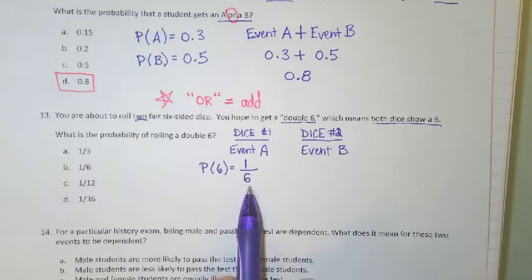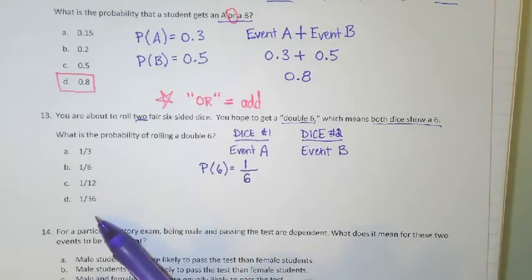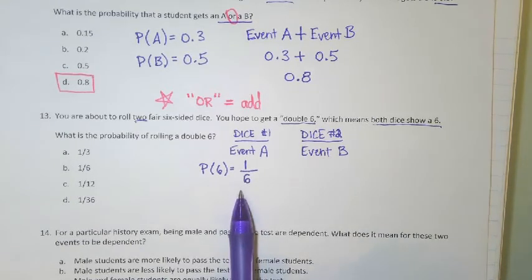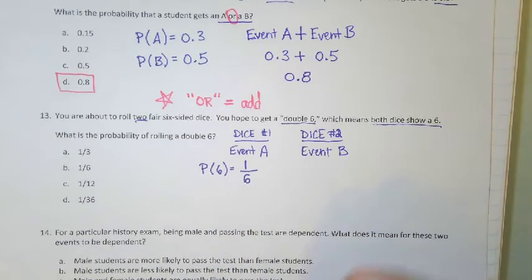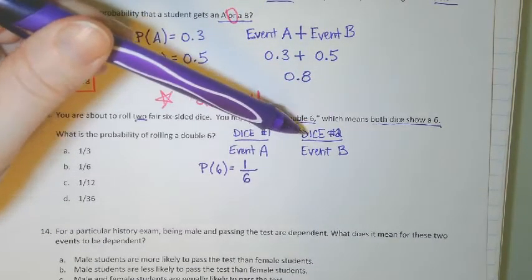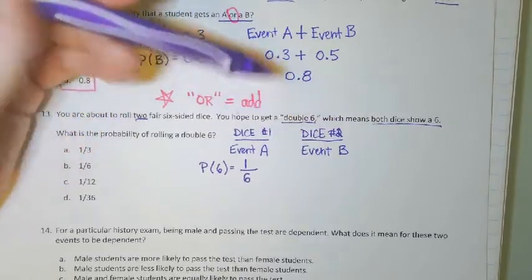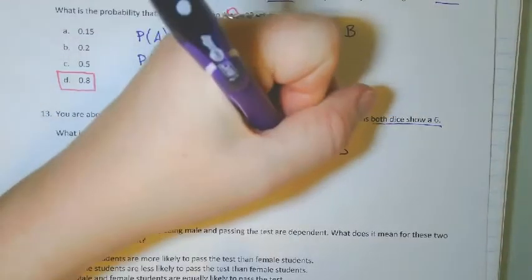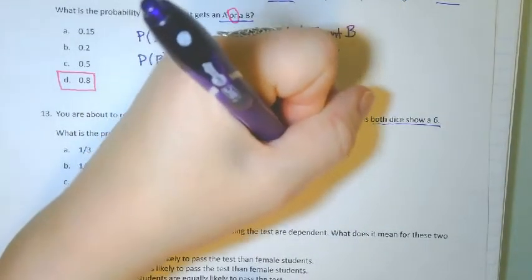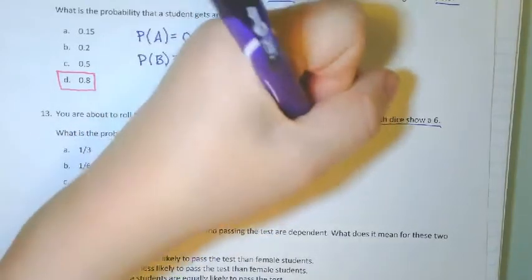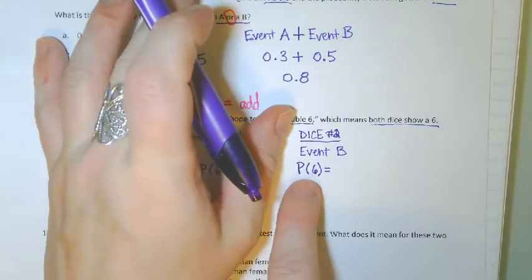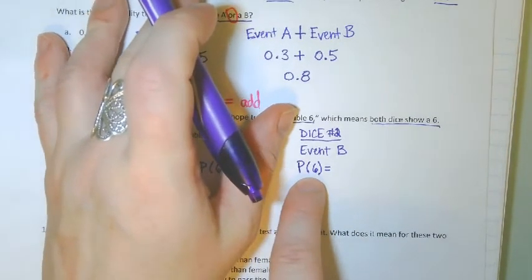In this case, I noticed that my answer choices are in fractions, so I'm going to leave the probability as a fraction instead of converting it to a decimal. Now we want to look separately at our second die, which we're calling event B. If I'm only looking at that second die by itself, not taking into account the first die, what is the probability that it lands on a 6?